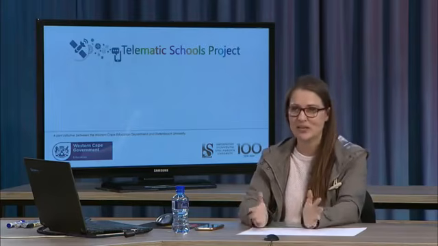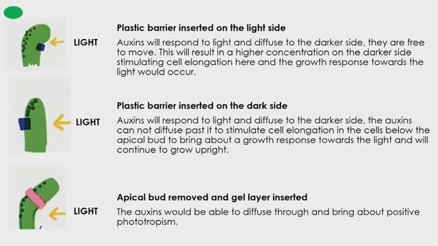So it's as if that apical bud has never been removed and the auxins will just keep on doing their job. When we look at the diagram, we can see that these auxins are able to diffuse through that agar layer and bring about cell elongation on the dark side, which will cause the plant to become positively phototropic and grow towards the light source to the right.